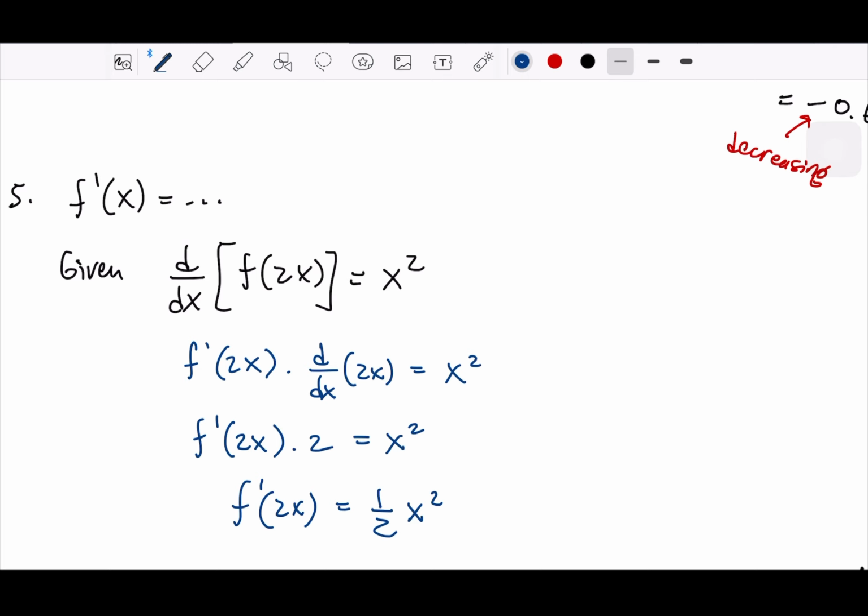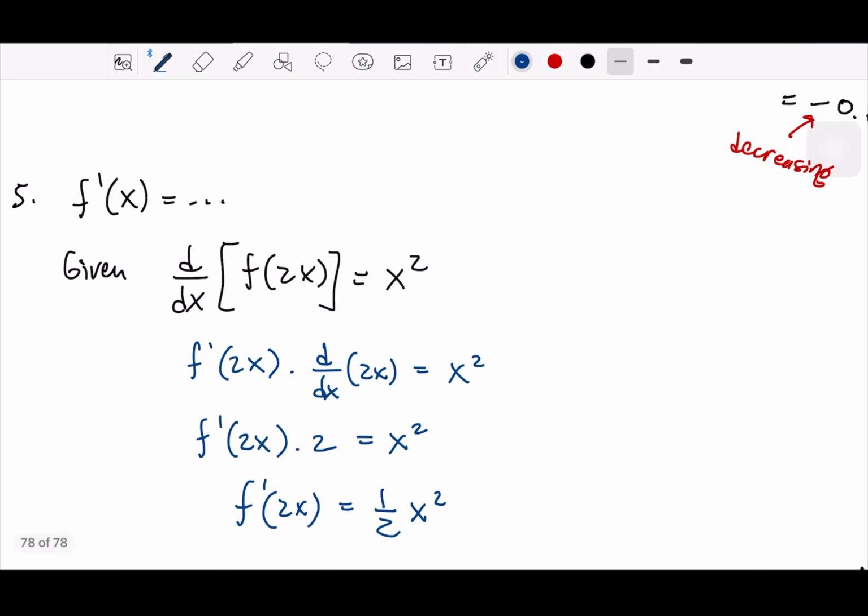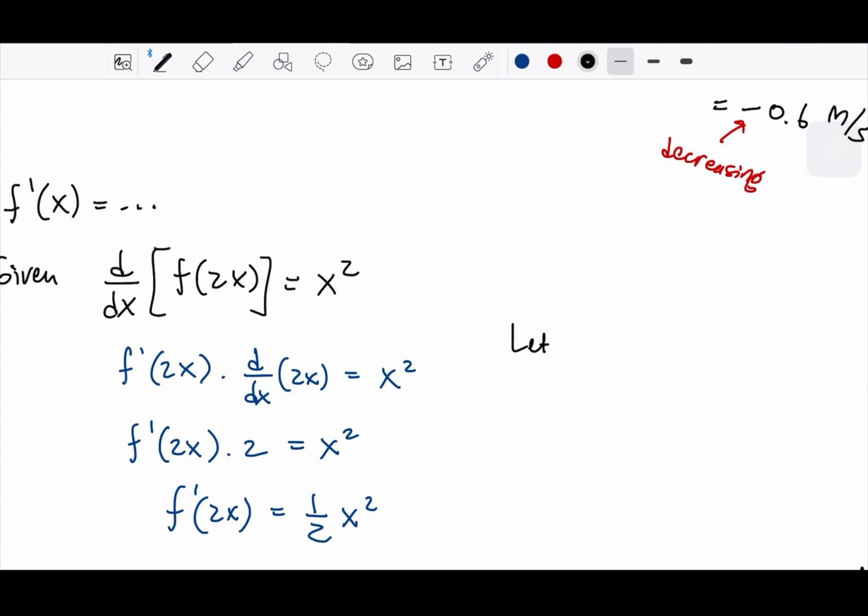Usually p is a dummy variable in calculus. You will see maybe later, maybe next semester in calculus, we are going to use p a lot. So we are going to let this 2x equal to some p. So let t be 2x, so x becomes half t.